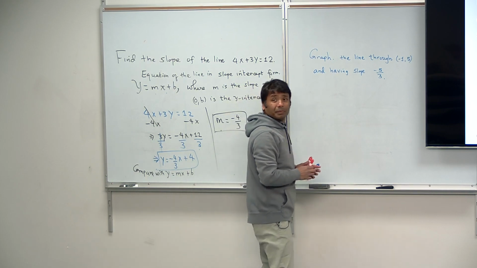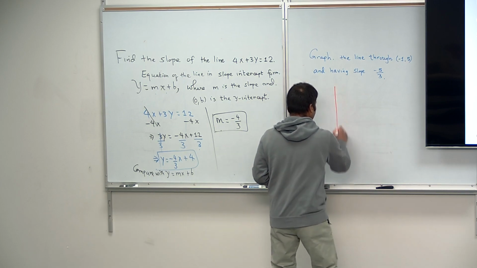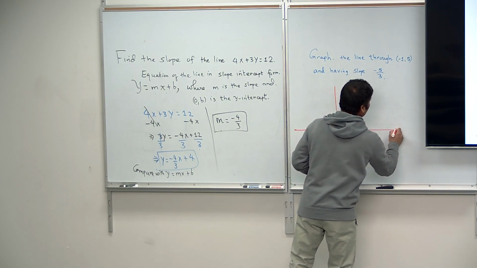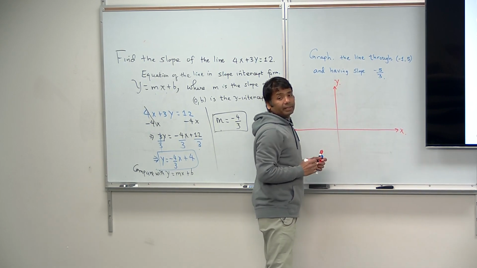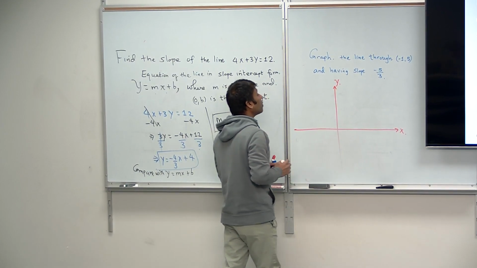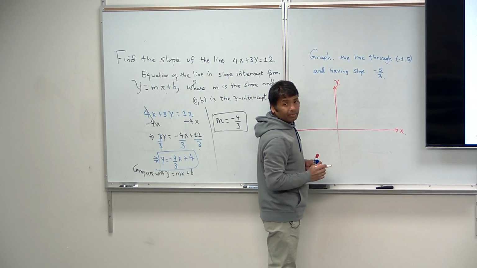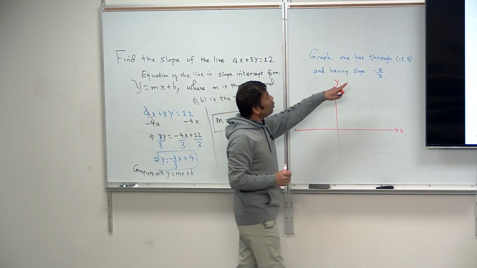Okay. Are you with me? So now look here. It's pretty interesting. This is your x-axis. This is your y-axis. So where is the point negative 1, 5? In which quadrant does this point lie?